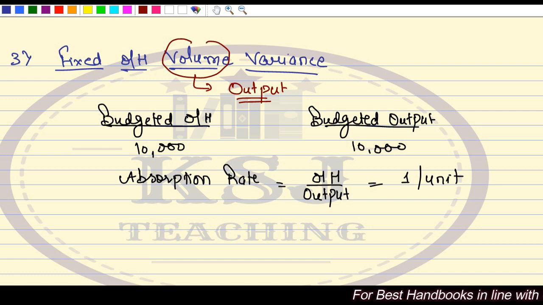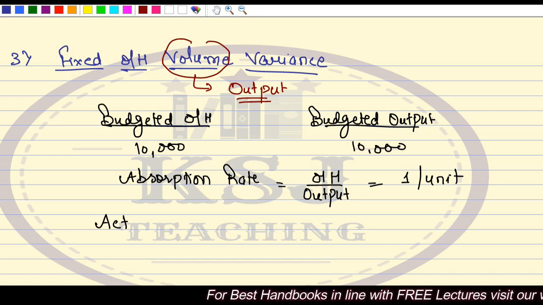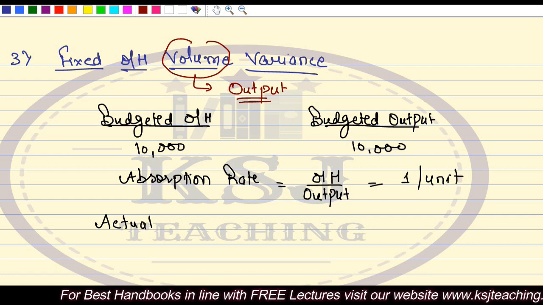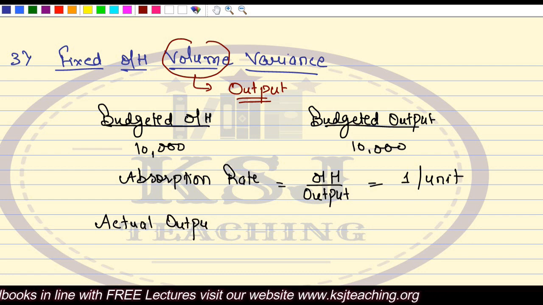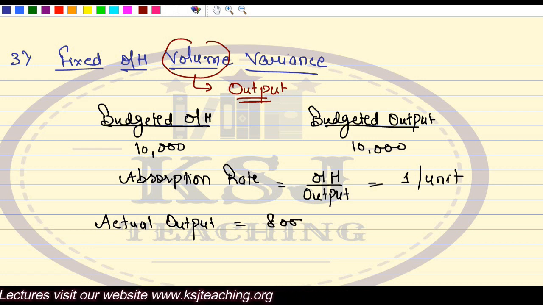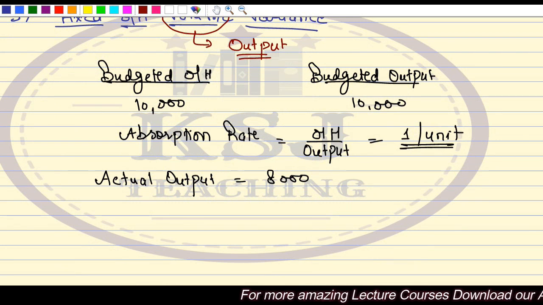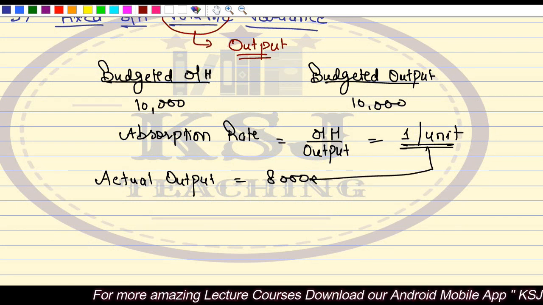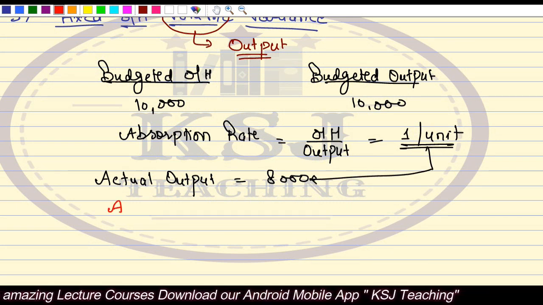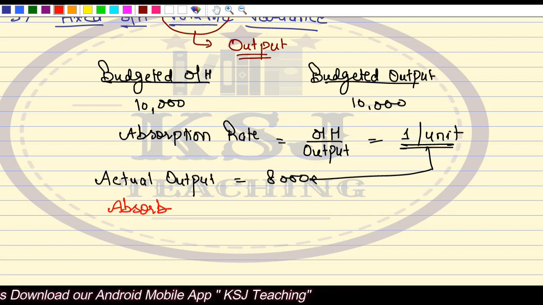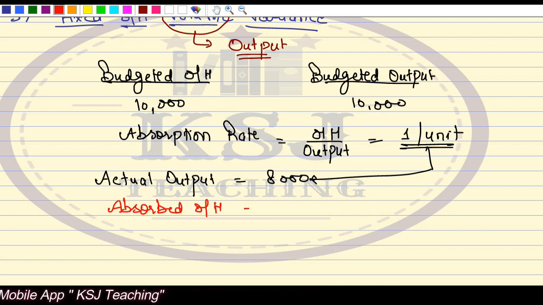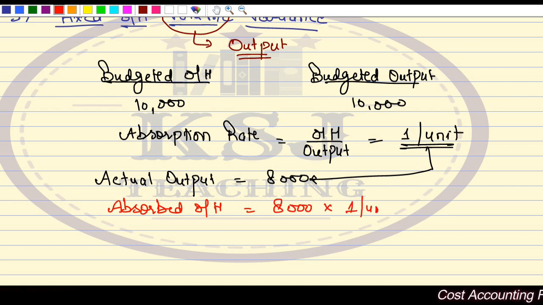Now say that my actual output is not 10,000. The standards I set for 10,000, whereas my actual output is 8,000 only, right? Now tell me how much overheads you will be absorbing. This absorption rate, you will multiply it with the actual output, right? So the absorbed overheads will be actual output 8,000 multiplied by 1 rupee per unit.